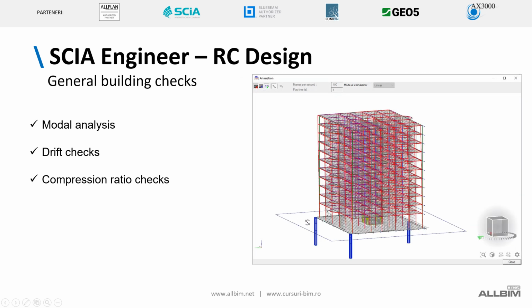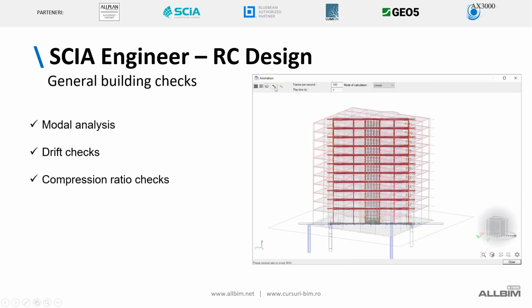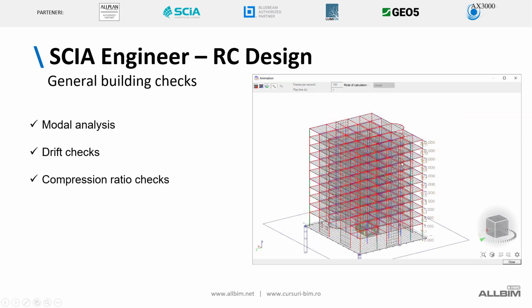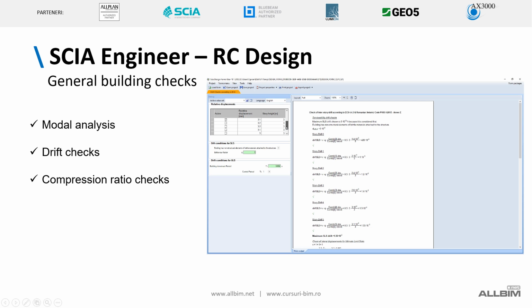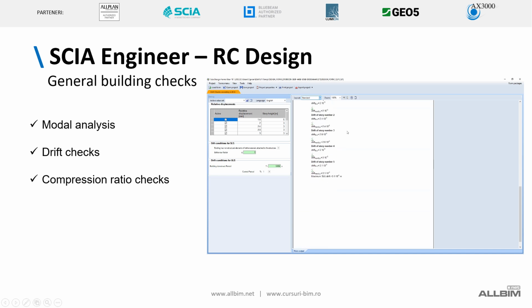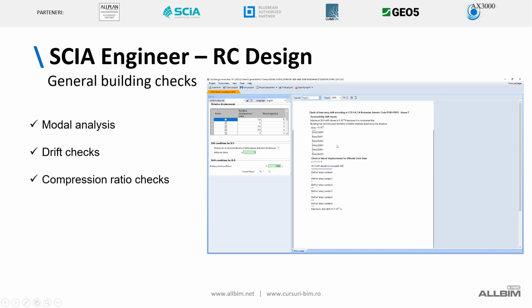I will guide you through the global checks that help us understand how the structure behaves and how to optimize its configuration. Drift checks are an essential step for checking the interstory relative displacement. I will use a design form check developed by AllBeamNet that ensures a clear evaluation of the structure both for ULS and SLS.